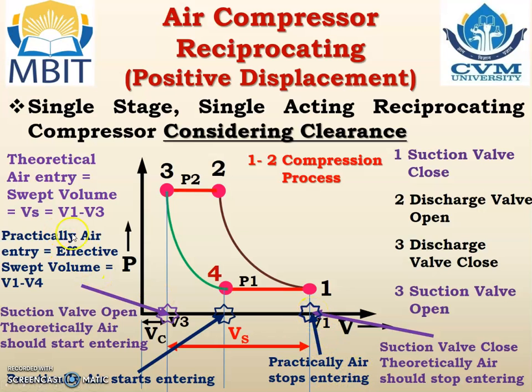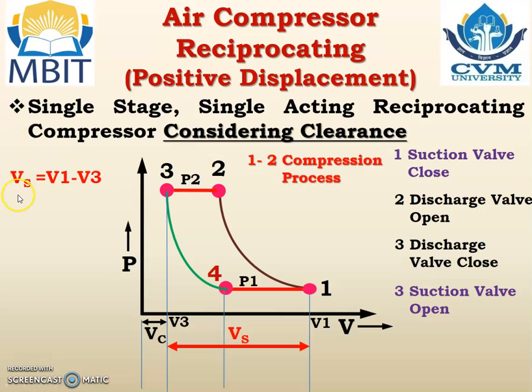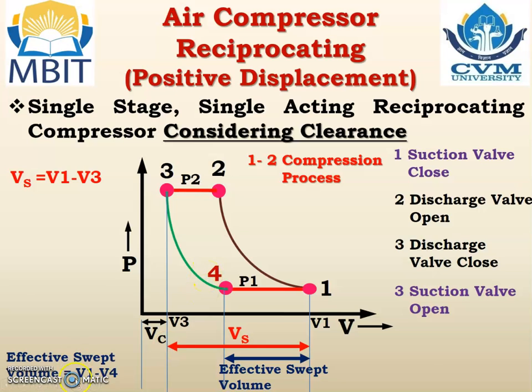So practically air entry is equal to the effective swept volume, which is V1 minus V4. That is known as the effective swept volume, means practically during that region only air is entered. So the actual swept volume is V1 minus V3 and the effective swept volume is V1 minus V4.